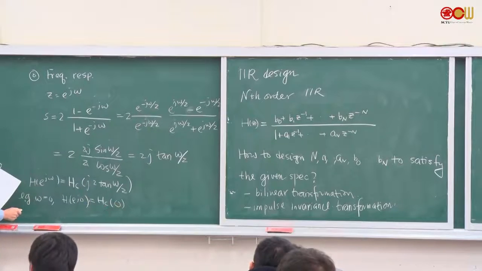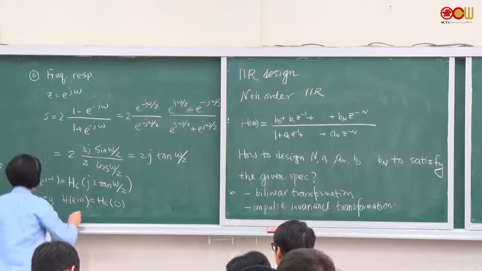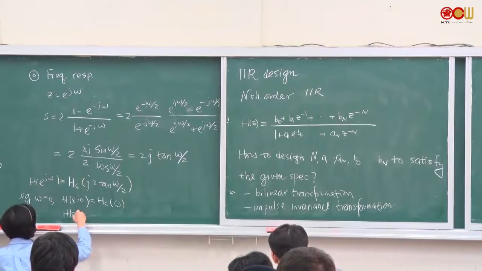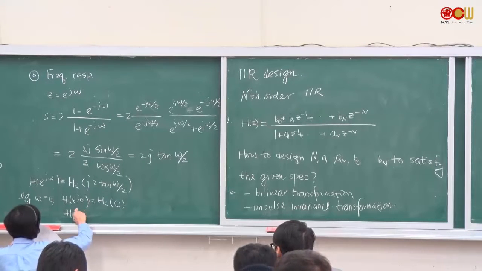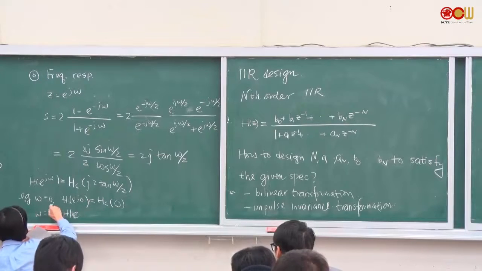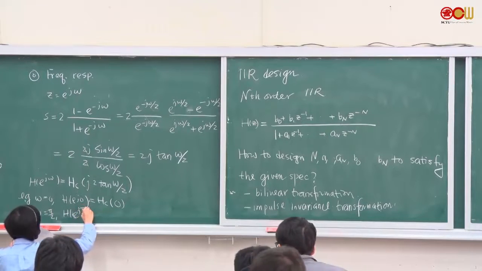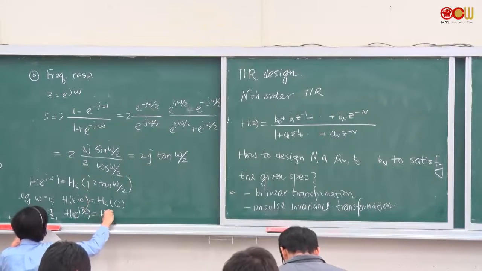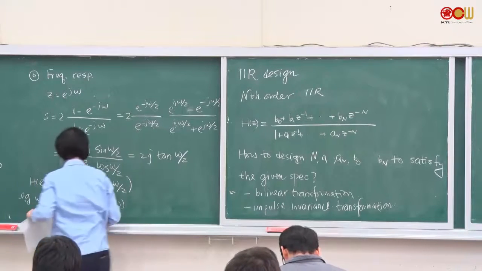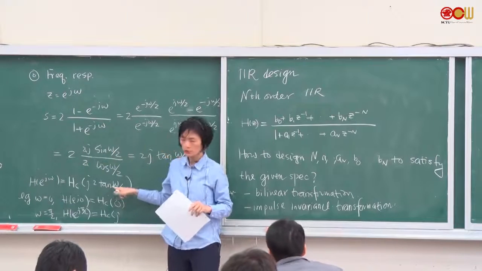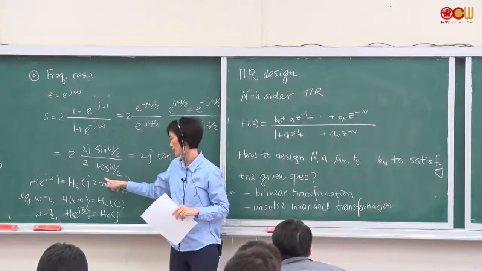Okay? And for example, H(e^{jω}) with omega equal to pi over 2, then this will be H(e^{jπ/2}). This will correspond to Hc(j...), pi over 2, plug it in, that will be tangent of pi over 4. We get 1, then that will be 2.